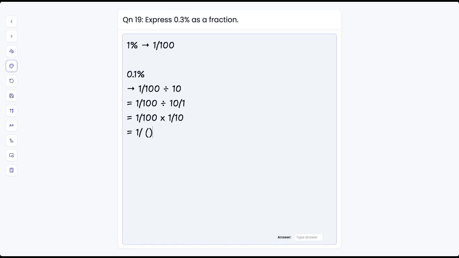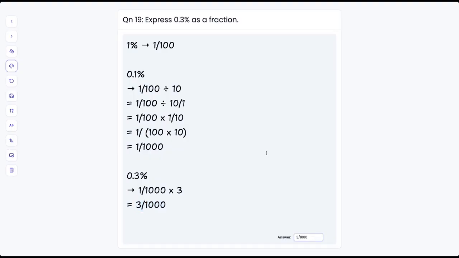In a way, you can just bracket this, so it's 100 times 10, and this will become 1 out of 1000. So now we know that 0.1% is 1 out of 1000. What about 0.3%, which is basically equal to 1 out of 1000 times 3? Which is basically 3 out of 1000. Okay, and that's it. There you go. So that's the answer. All right, let's move on to the next question.